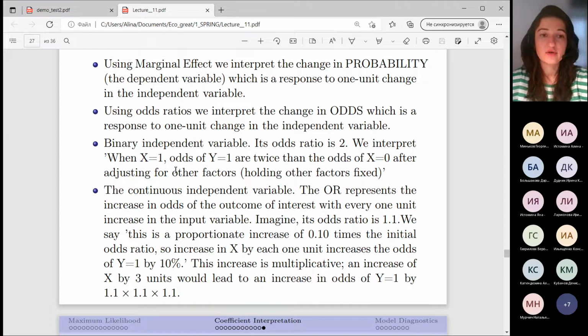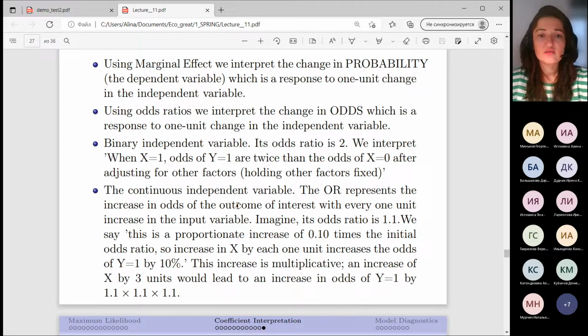Okay. And when you have a continuous independent variable, the interpretation is also similar. Let's say that we talk about income, for example.